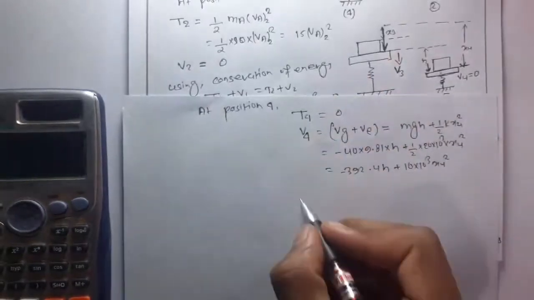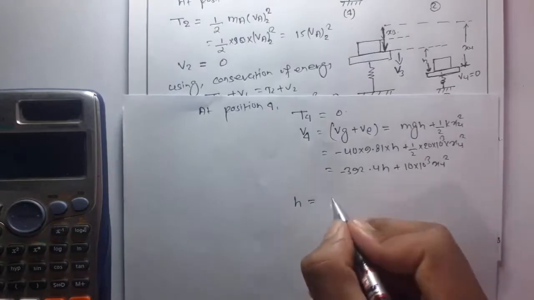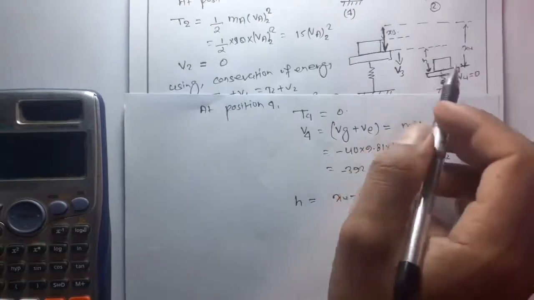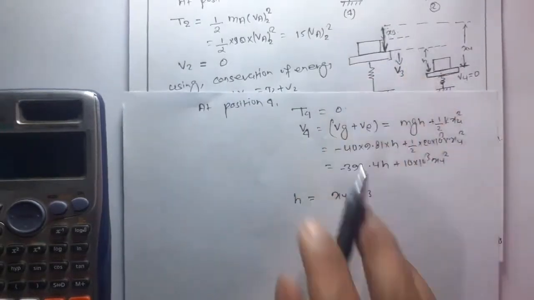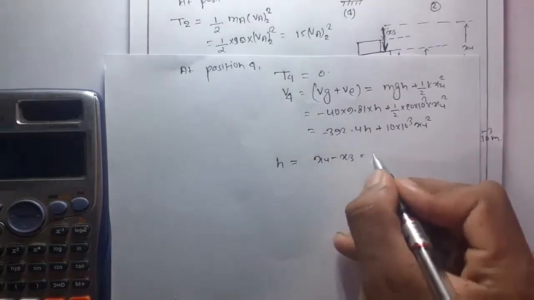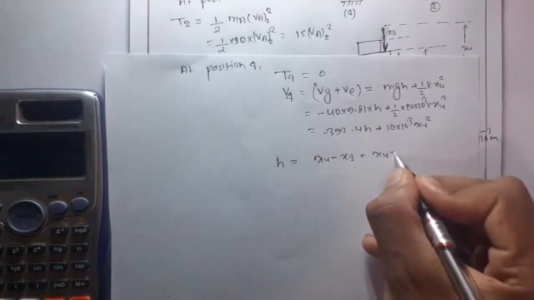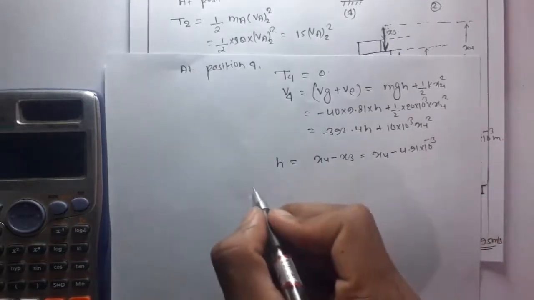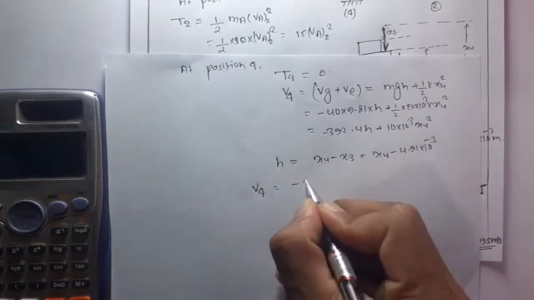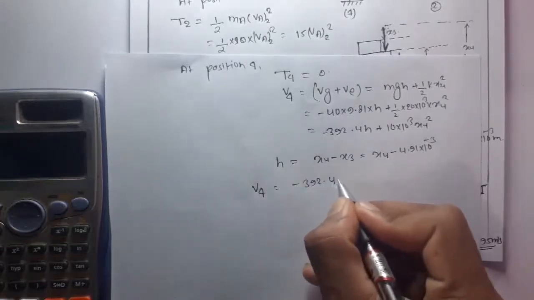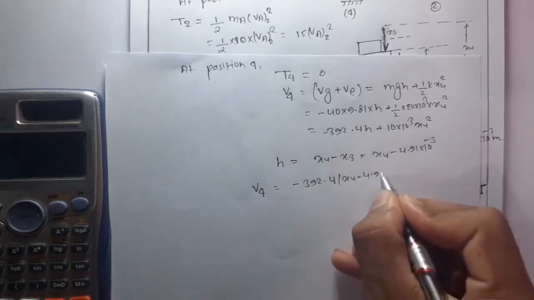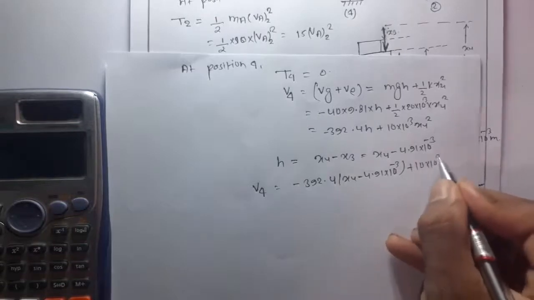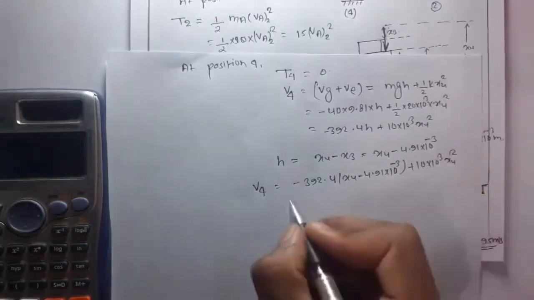Now from this figure h is equal to x4 minus x3, and we know the value of x3. This is 4.91 into 10 to the power minus 3. So V4 is equal to minus 392.4 (x4 minus 4.91 into 10 to the power minus 3) plus 10 into 10 to the power 3 x4 square.